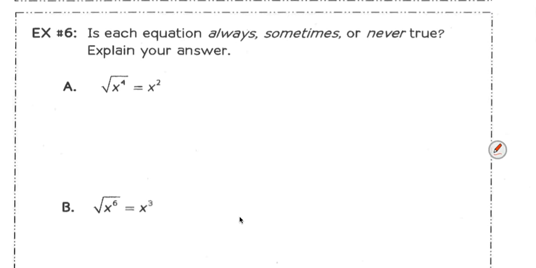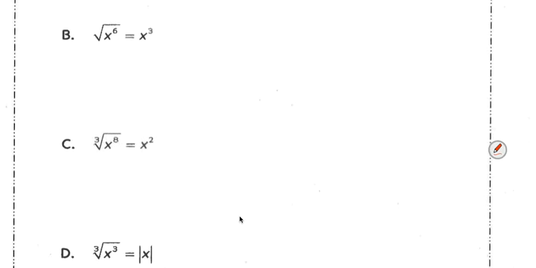B, square root of x to the 6th is x cubed. This is not perfect. Technically, our answer should be the absolute value of x cubed to ensure that that is positive. However, that doesn't mean it's never true. It's actually considered sometimes true.